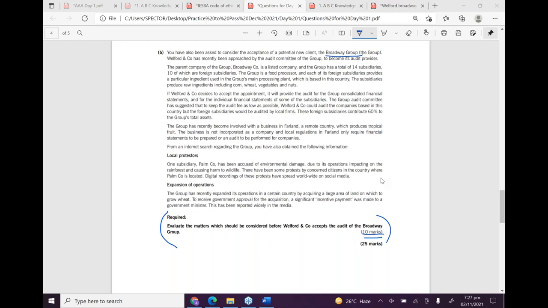No, no, Noor. The incentive payment, do not look at in the context of ability to pay audit fee, link it to integrity. The incentive payment, the bribe payment, is indicative of poor management integrity. Very well done, Rehan.